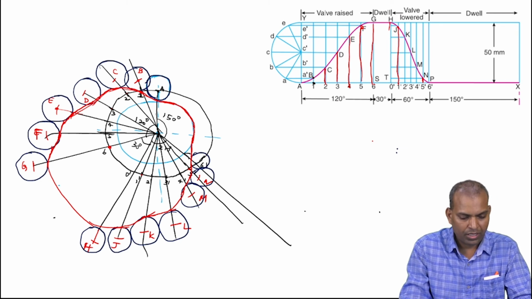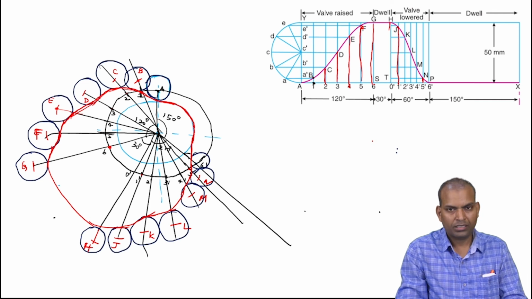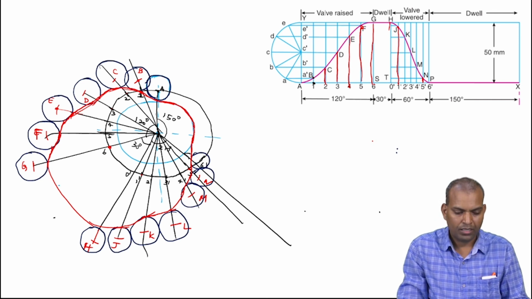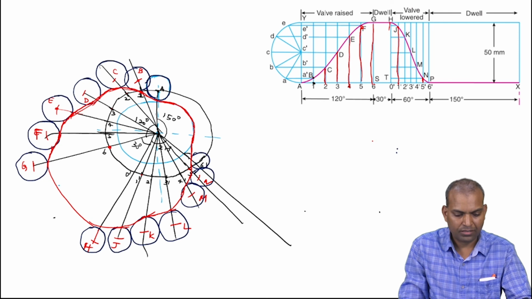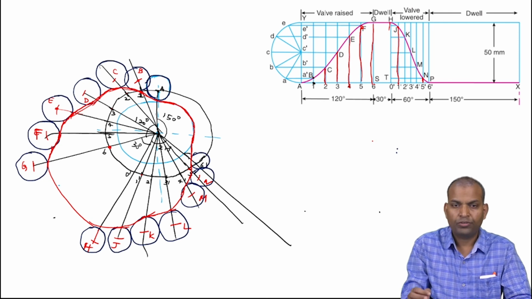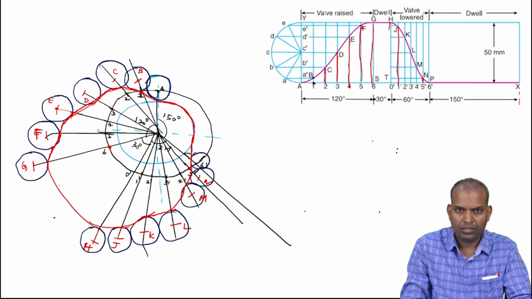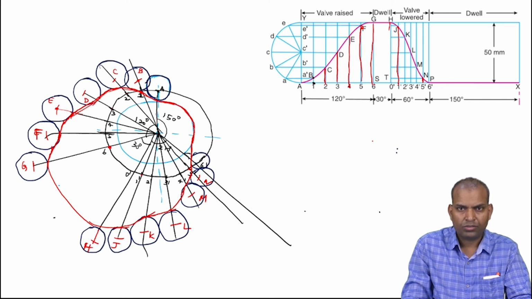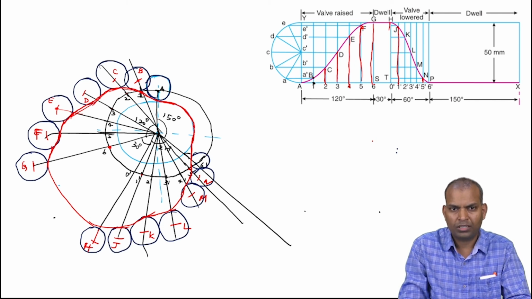So this is the procedure of drawing the cam profile. I have drawn it freehand, manually, without using any instruments, but you have to use instruments such as a compass and a straight scale, a steel rule, a pencil, eraser, set squares and protractor.